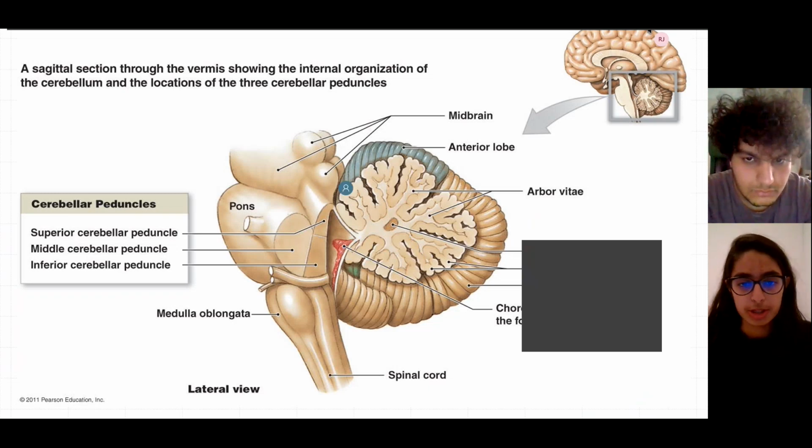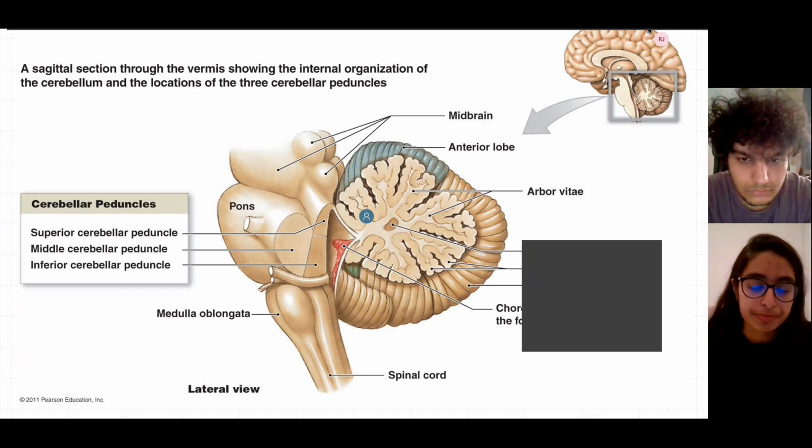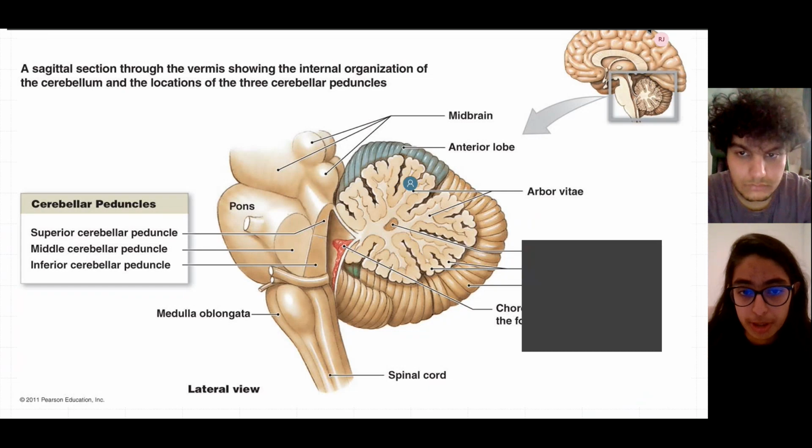This section over here that you see is a sagittal section, which divides the cerebellum into two hemispheres. We can see the difference in color, which shows the two layers of the cerebellum essentially. The outer layer, which is a little bit darker, is the cerebellar cortex, and it's composed of gray matter.